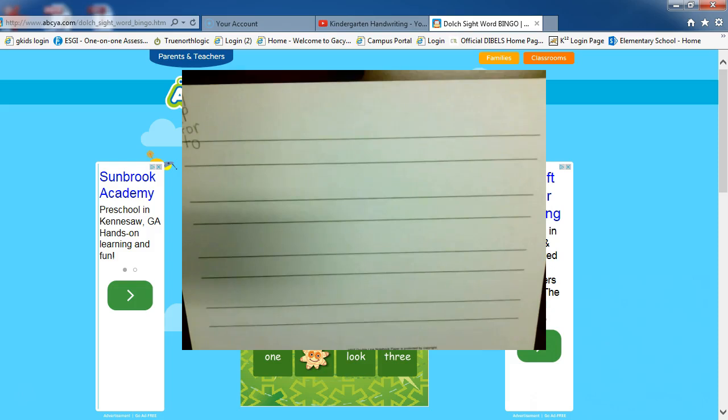Remember, if your student is really struggling with forming their letters, you could always dot these words for your student and then have them trace over it, and that would look a little bit like this for the word by.